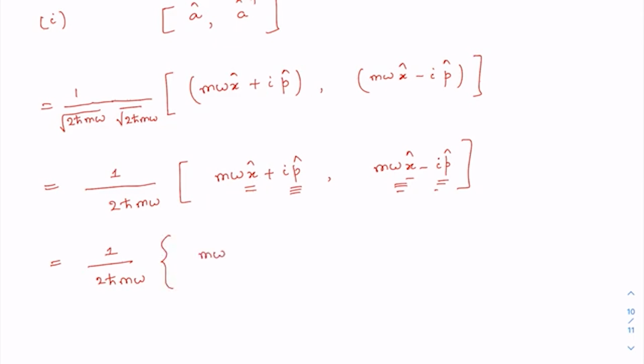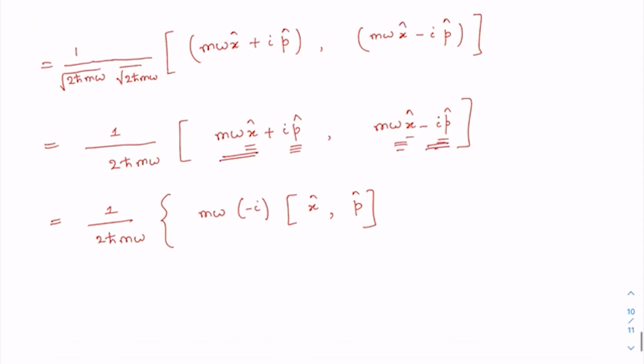I have m omega minus i x cap p. Okay, so I'm taking this term and this term. Then from this term and this term, I have i m omega p cap x cap.